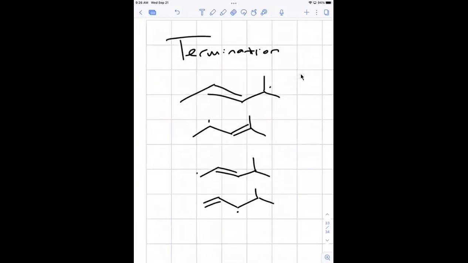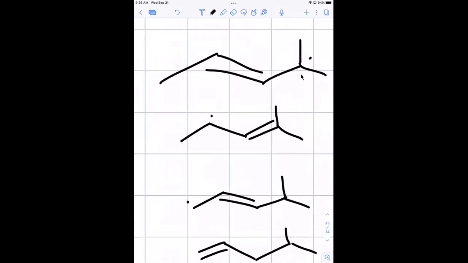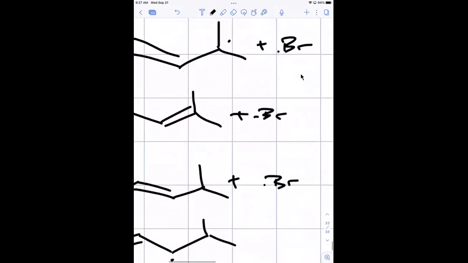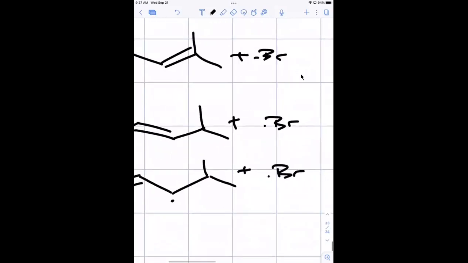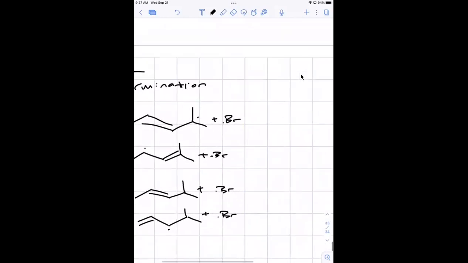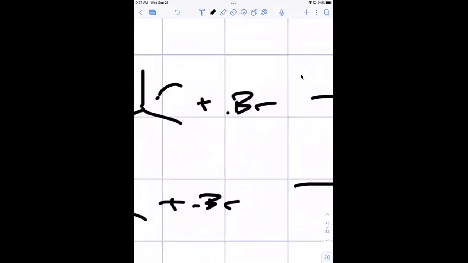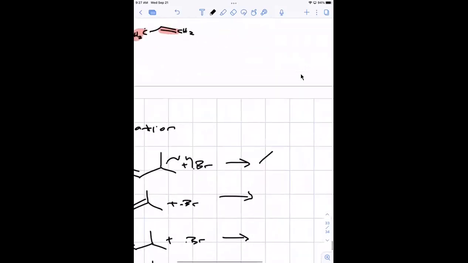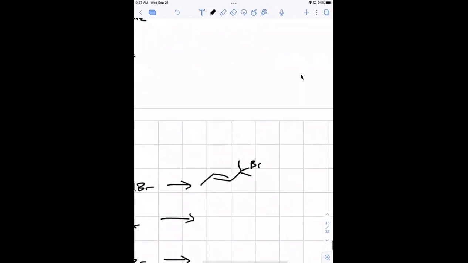Each one of these radicals is going to terminate with a bromine. What are the arrows going to look like here? How do I show those coming together? The one-sided arrows are going to meet in the middle. Okay, good. So that's going to give me this product.